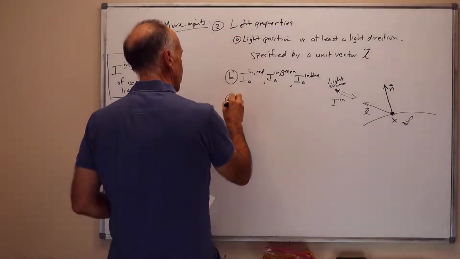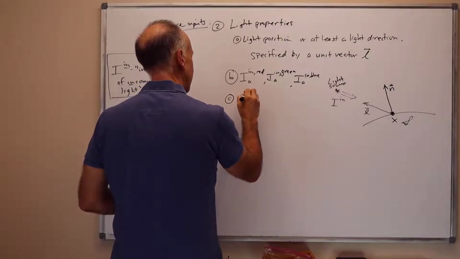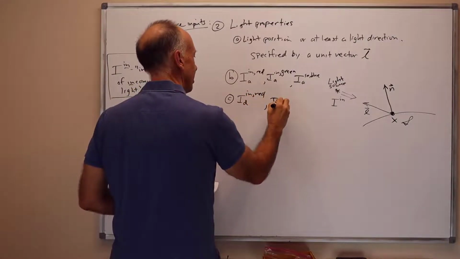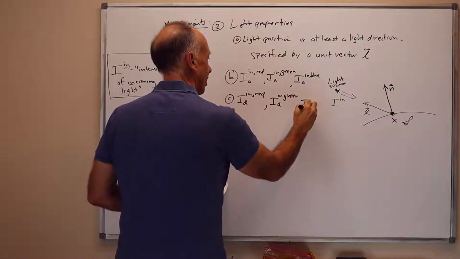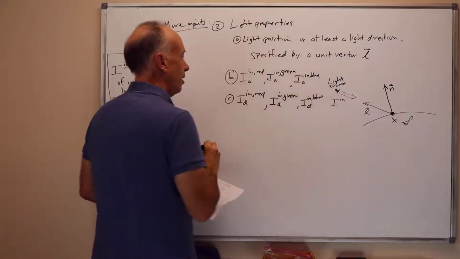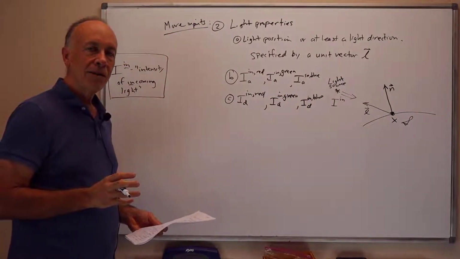And then there's the diffuse light. So this is I_D in, and again, this also has red, green, and blue components. So there's I_D in red, I_D in green, and I_D in blue. And this is how much diffuse light there is. We'll see what this means when we get to the formulas.